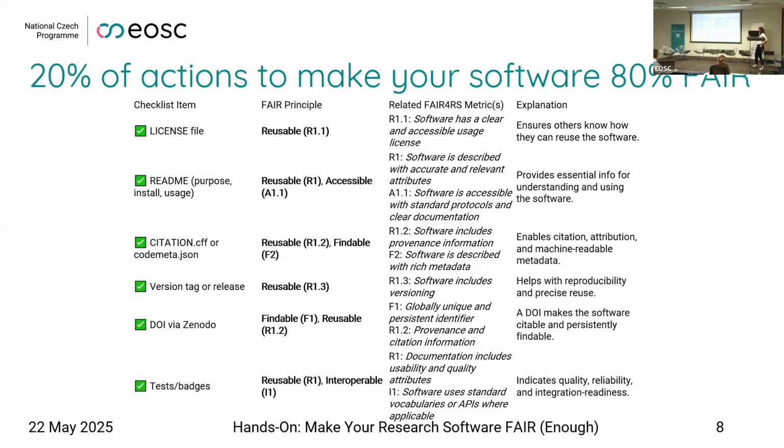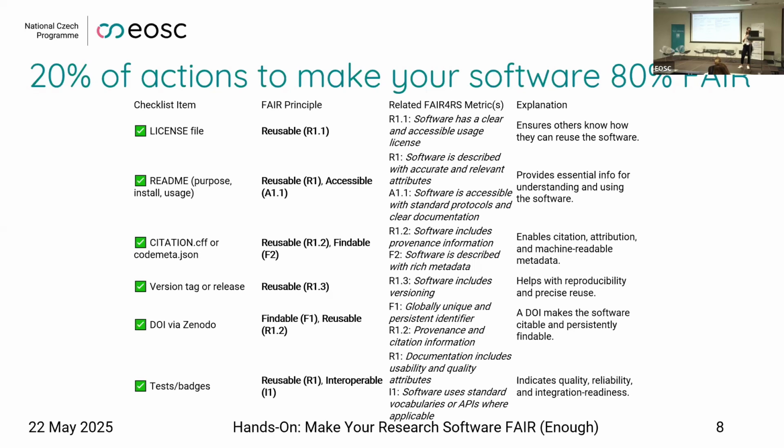So this checklist includes, first of all, licensing information. Licenses were already mentioned, but they apply to research software as well. Then documentation via a README file. If you're a programmer, you probably are aware of README files. You are using them. We'll see how to make them maybe more understandable in terms of FAIR. The third point is using some codemeta JSON.